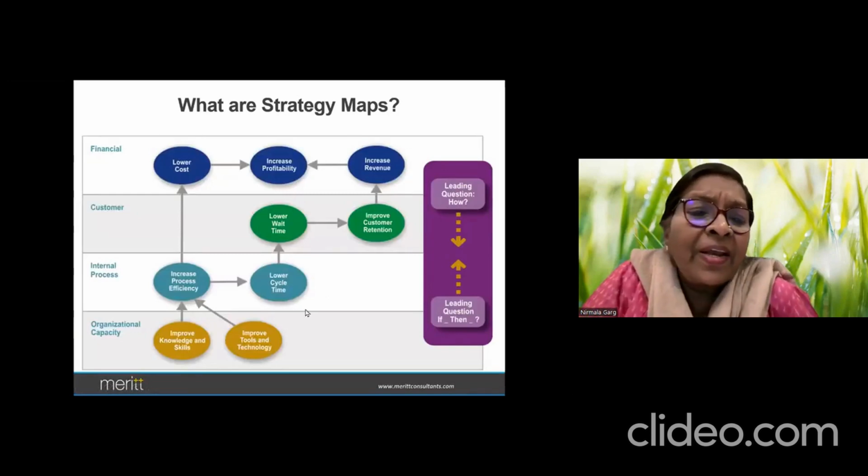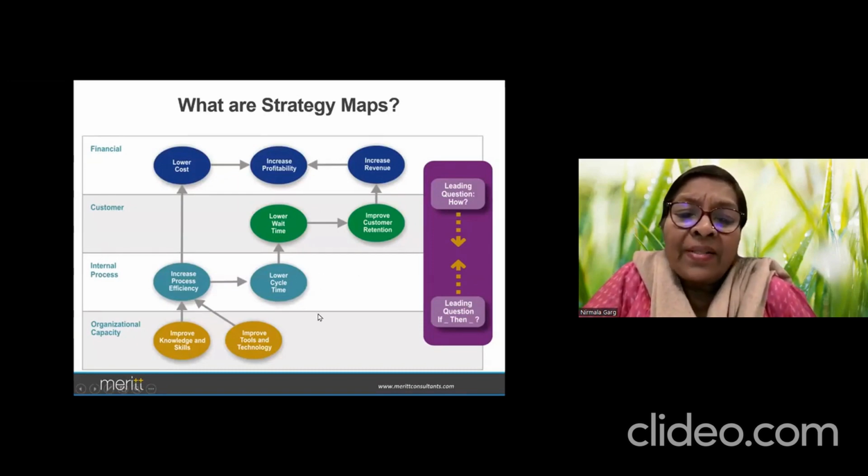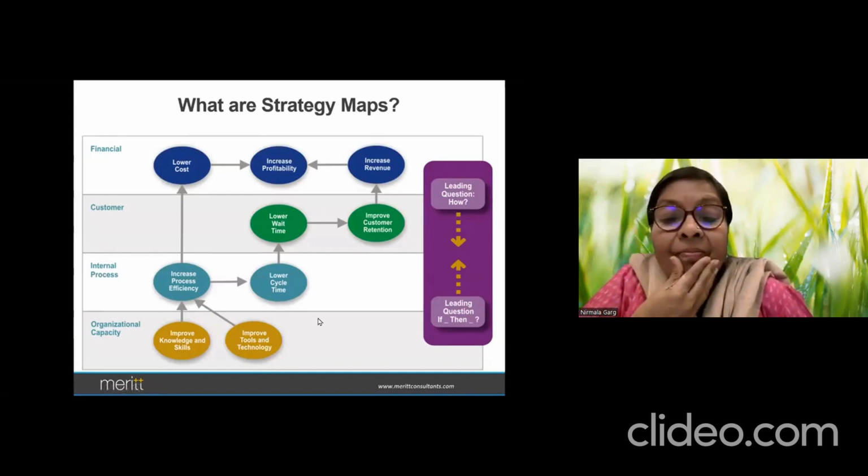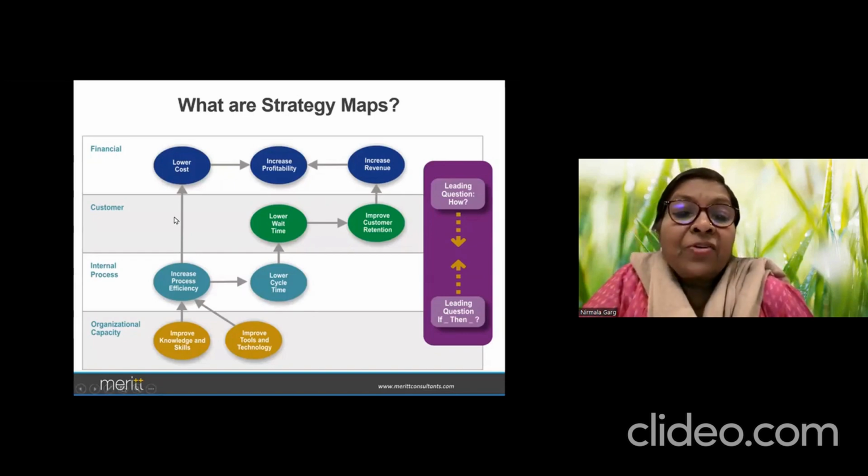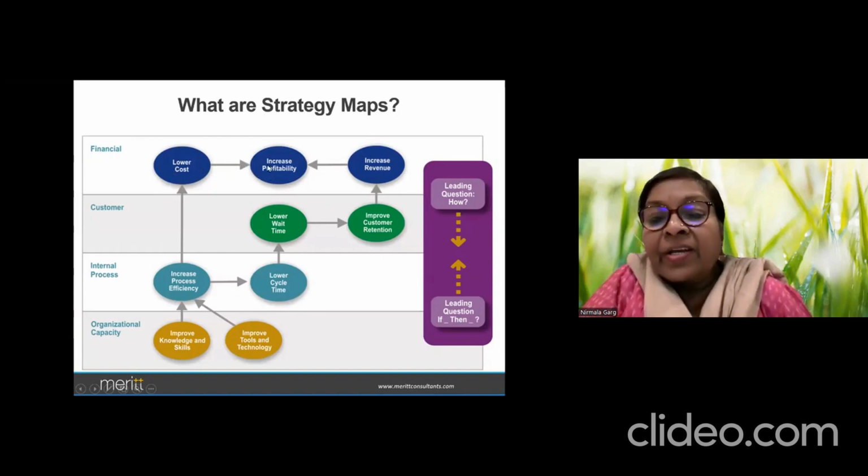So if you just see this strategy map, can anyone explain to me what is happening? Take the lead. That's how you're going to learn. If you look at the financial perspective, you want to reduce the cost, thereby increasing profitability, and also you are increasing revenue.